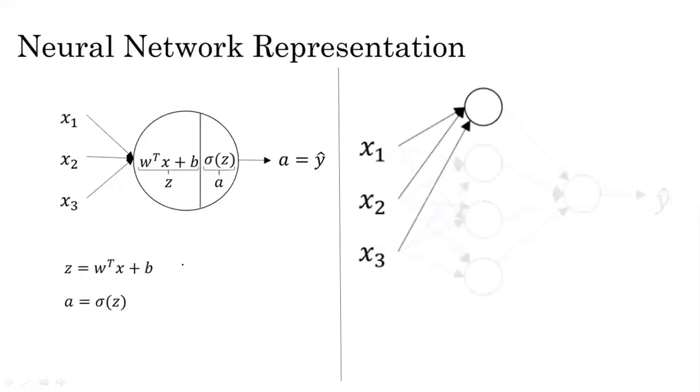What you can see on the right hand side of this slide is a neural network that is somewhat an advanced version of the neural network on the left.